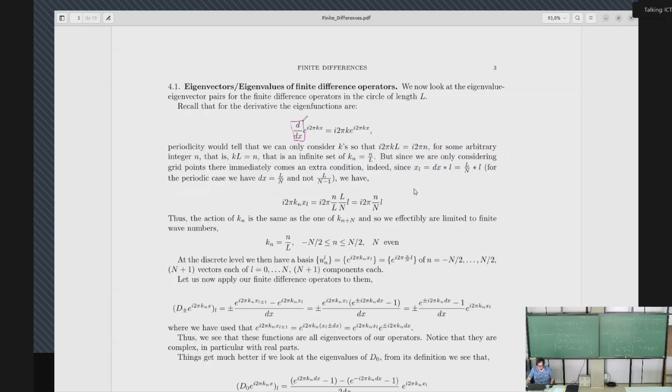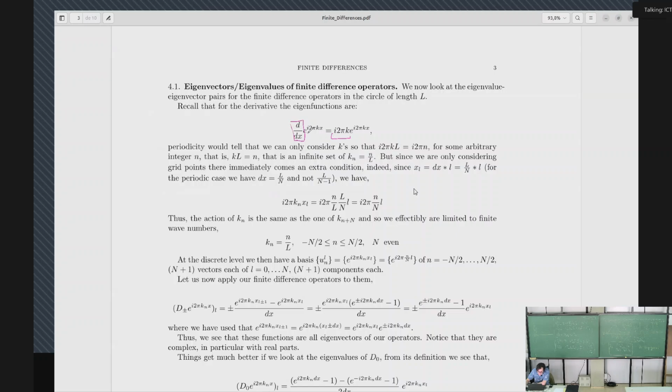And this operator, taking the derivative, has certain eigenvalues, right? We are talking about here in the periodic case. So the eigenfunctions of the problem will be exponentials, which are periodic, right? So we will have these eigenvectors with these eigenvalues.